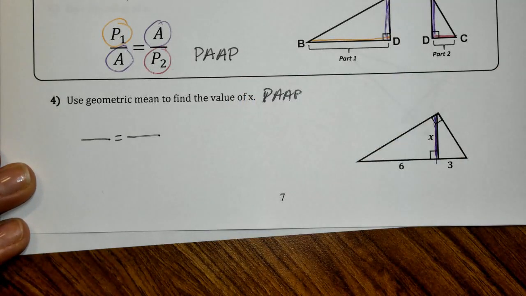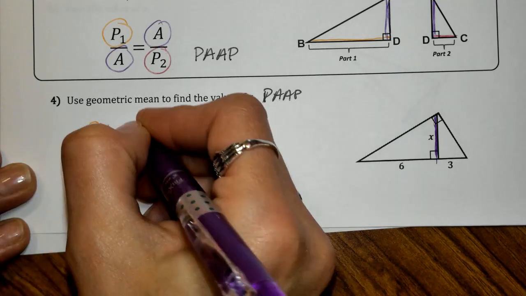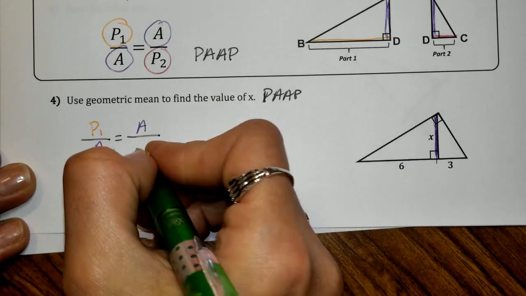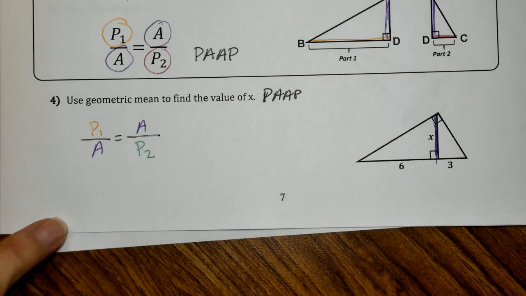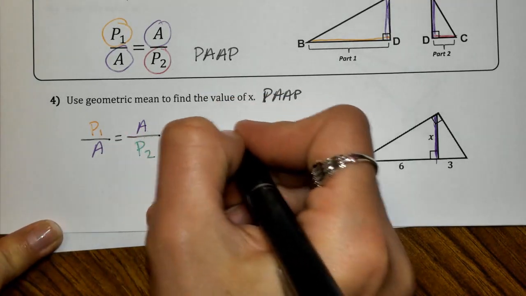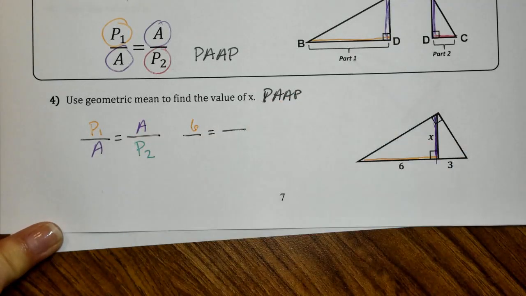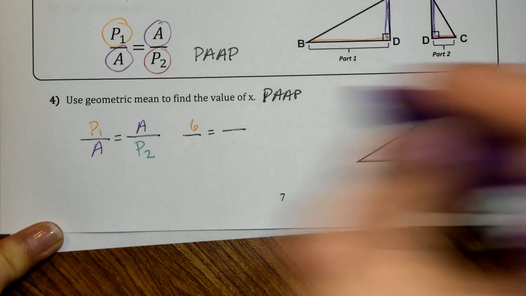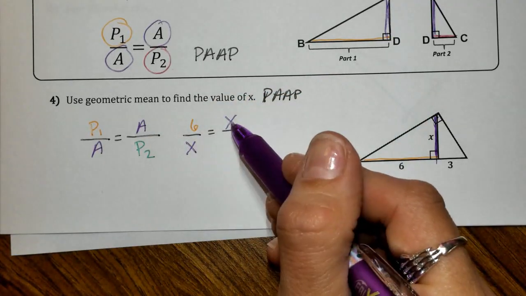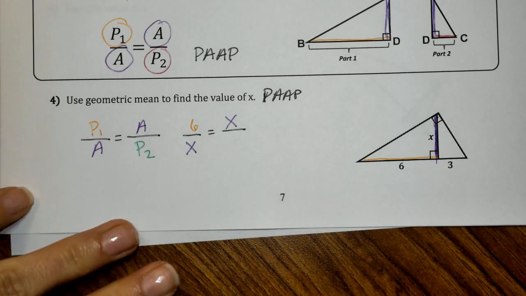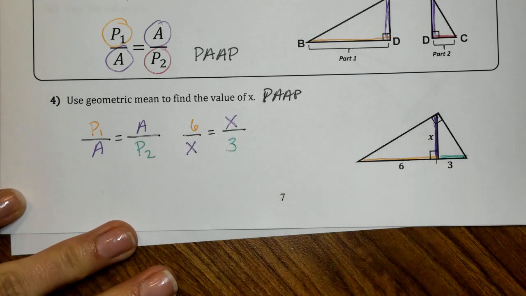So this is going to be your part 1 over altitude is equal to altitude over part 2. All right, setting up our proportion. Part 1, 6, over the altitude, x, is equal to x, bottom left, top right, always the same, over the part 2 of 3.